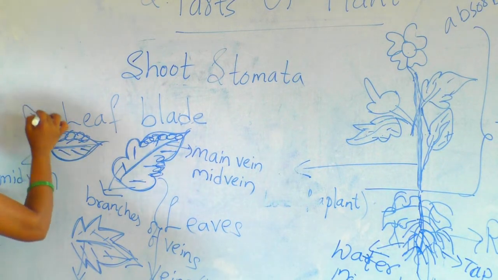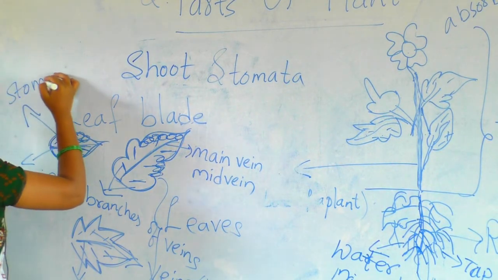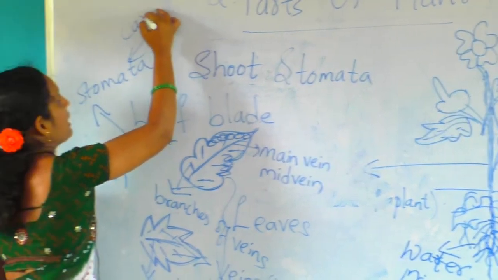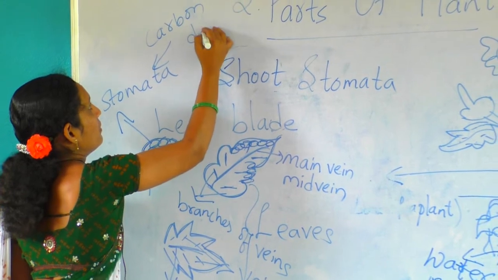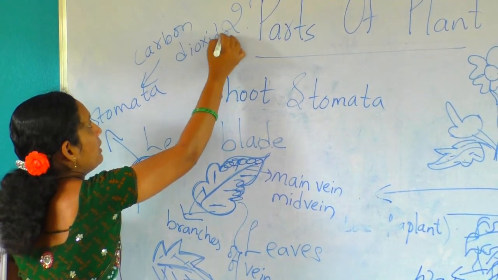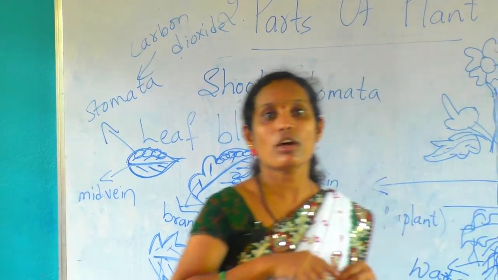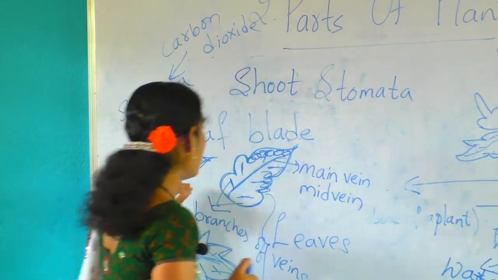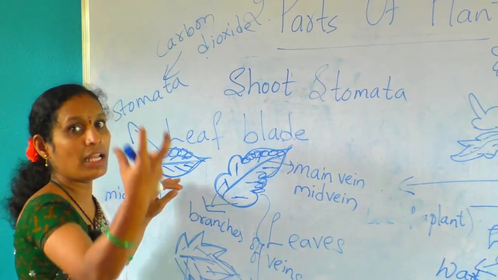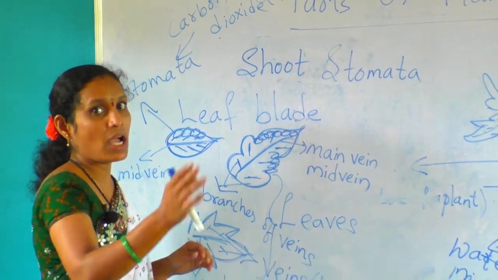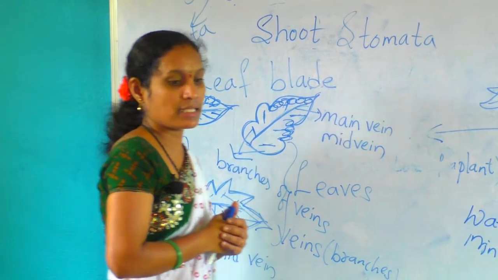That part is called stomata. It will absorb the carbon dioxide and give out oxygen. It is like the nose of the plant, the nose of the leaf. It will inhale the carbon dioxide and exhale the oxygen for us.